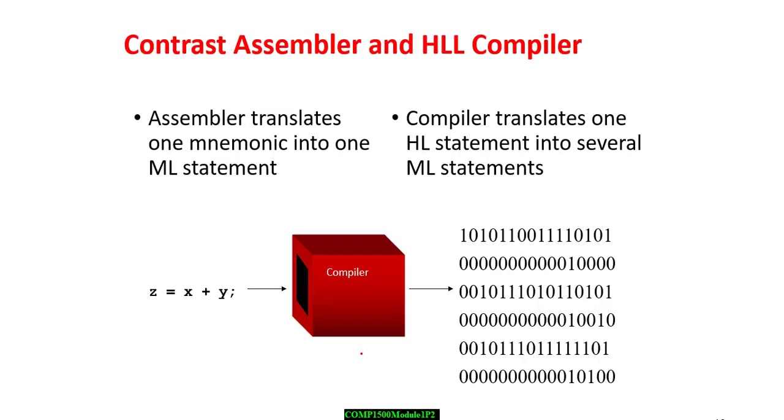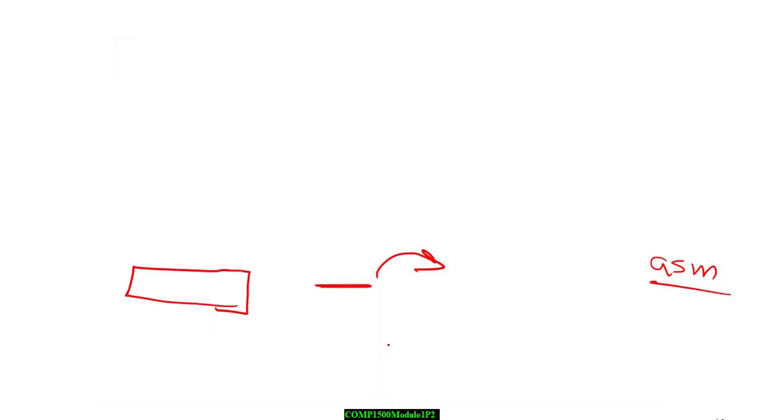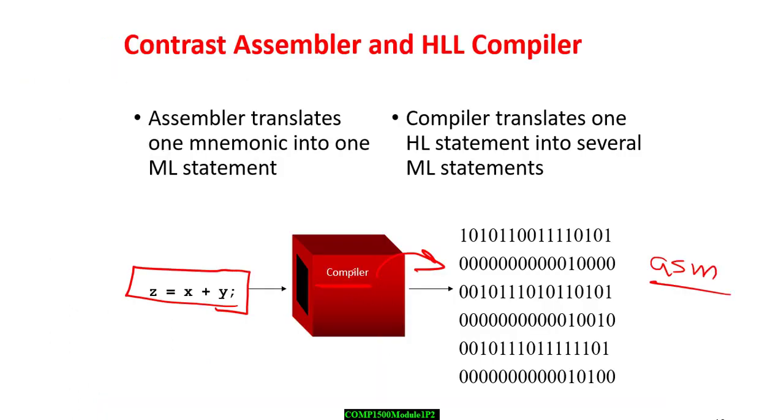Now, the normal code, which is C++ code, will go through a compiler, and the compiler will generate the machine language, and sometimes will generate the ASM file, which is the assembly language. So for assembly, we used an assembler. For C, we use the compiler.